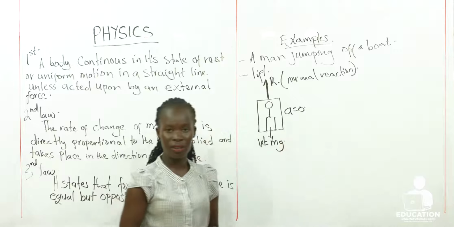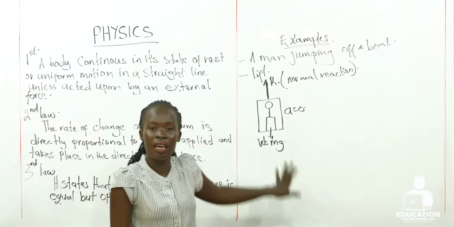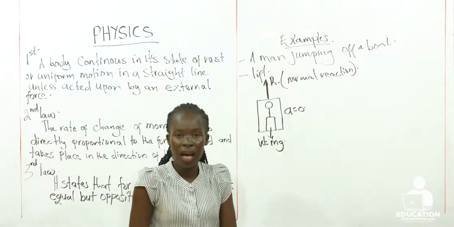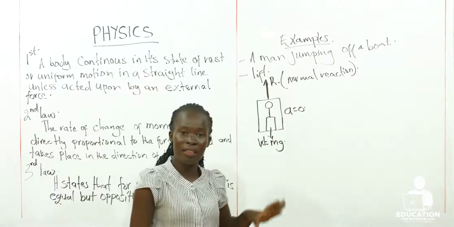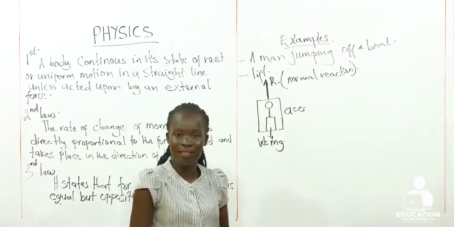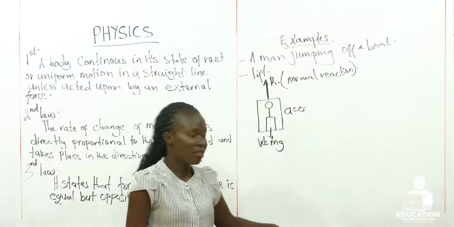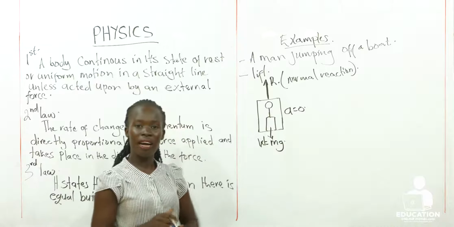Why is the acceleration equal to 0? Because here the body is maintaining a uniform velocity, much less like the body is not moving, it is just at rest. So if it is at rest, that means our acceleration is equal to 0.